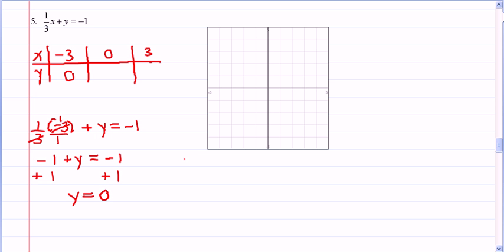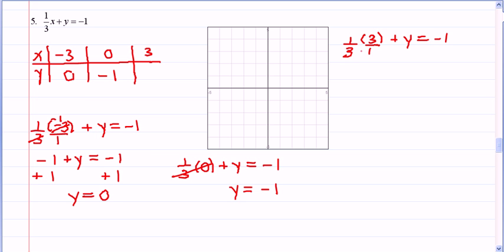Then I do the same thing, but now substituting 0 in for x. 1/3 times 0 is 0, so that just cancels, and I'm left with y equals negative 1. And last, I substitute 3 in for x and solve for y.